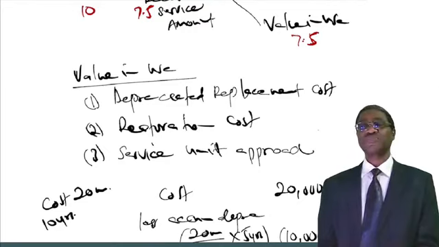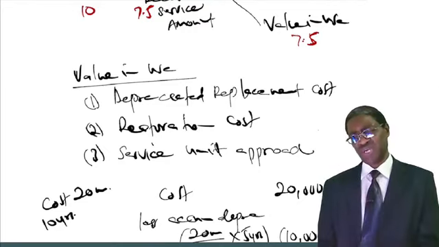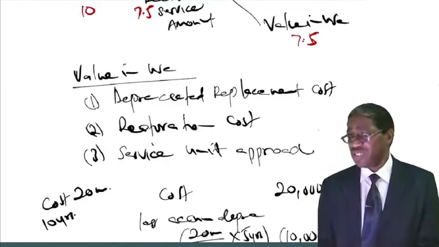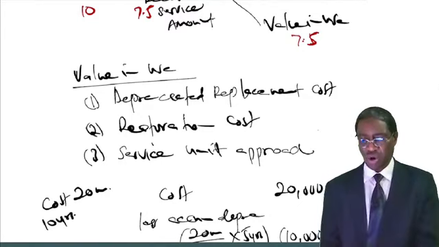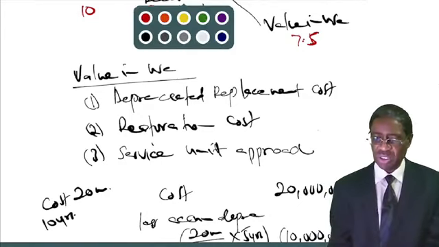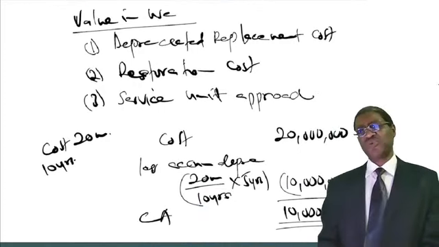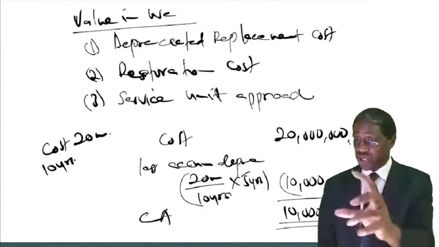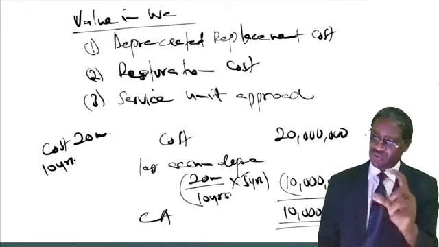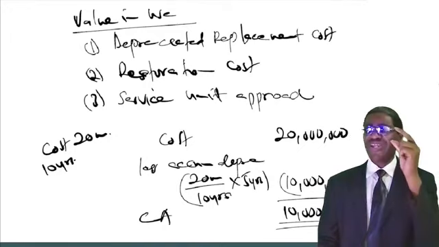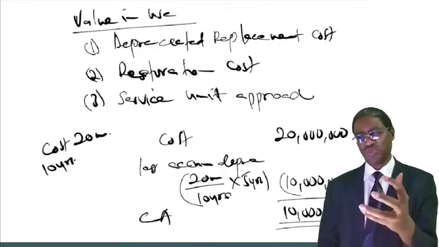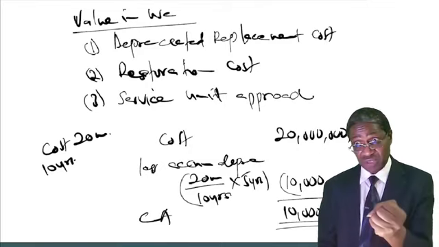Good. Let me discuss the second one now, which is what we are calling the restoration cost method. This method is used mostly when an asset that you want to test for impairment has been damaged.